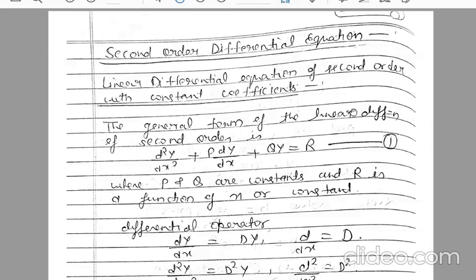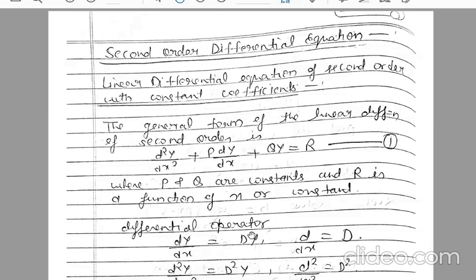The general form of the linear differential equation of second order is: second order means d2y upon dx2, that means this is your second order, degree 1. So it is d2y upon dx2 plus p dy upon dx plus qy is equal to r, where p and q are constants and r is a function of x or constant. If p, q, r are constants, then we say that our equation is a constant coefficient linear differential equation, right?